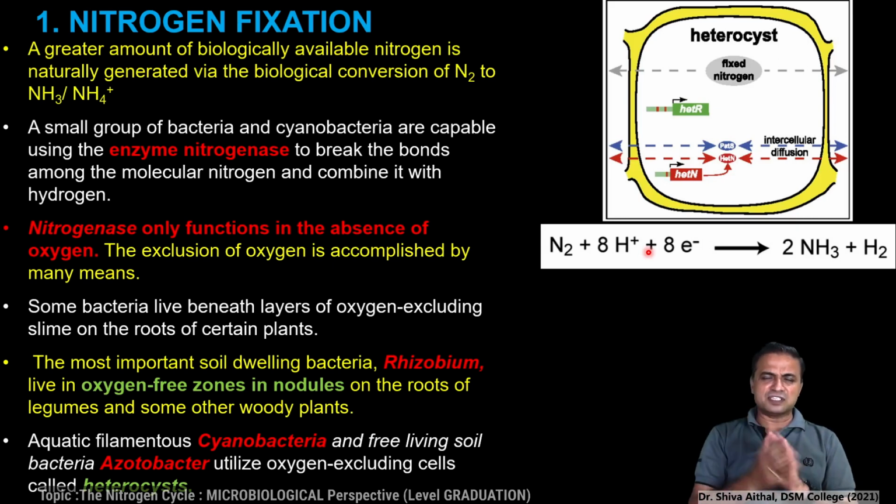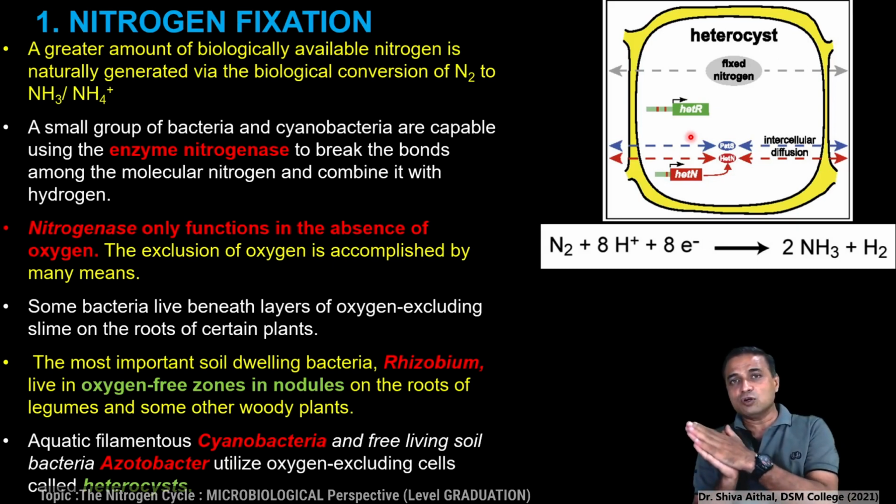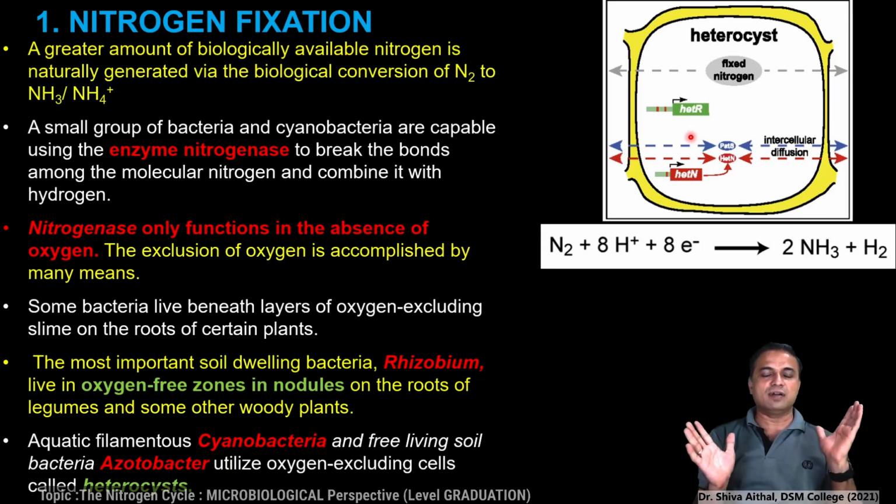The very first step, nitrogen fixation, that is nitrogen combining with hydrogen and electrons to form ammonia, requires the nitrogenase enzyme system. And you see, the organisms are highly aerobic, but the enzyme system is very sensitive to oxygen. So this exclusion of oxygen, I am not saying anaerobic environment, try to understand.